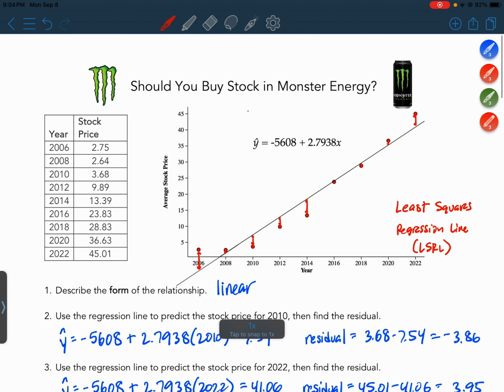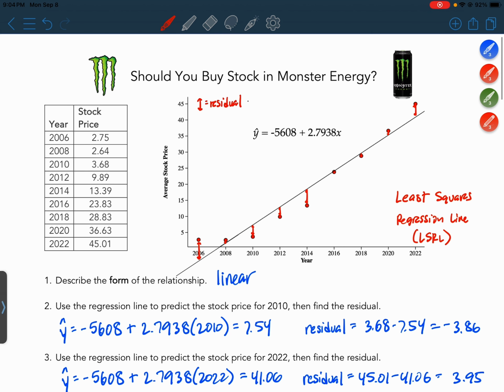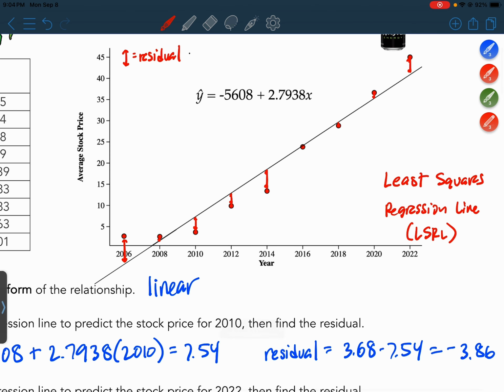Let's make a little key here. This little vertical line represents a residual. It would make sense that if we add up all the residuals, we can get a measurement for how well the line fits the scatter plot. The smaller that sum, the better the fit.